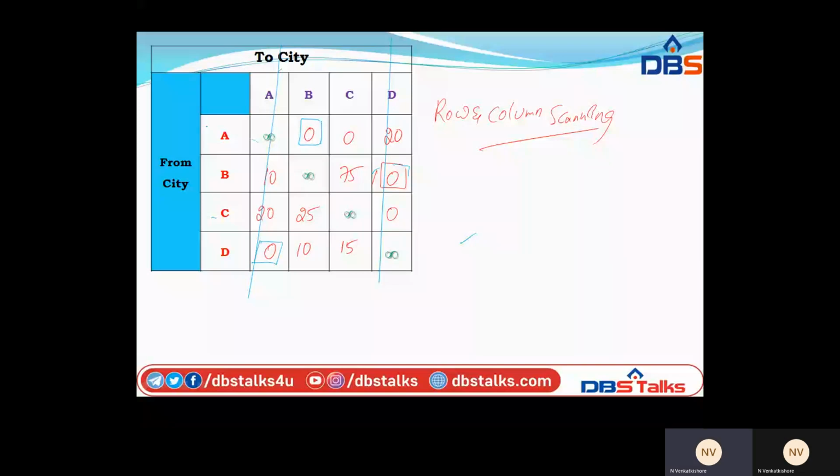Then after that, what is the remaining cell we are having? Third column no value, fourth column no value. So now what is the condition?